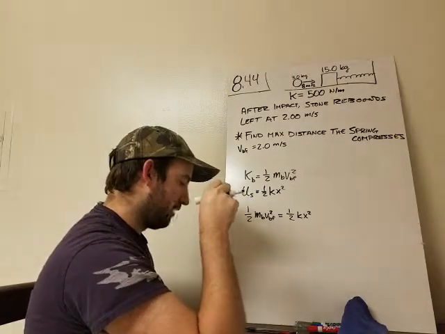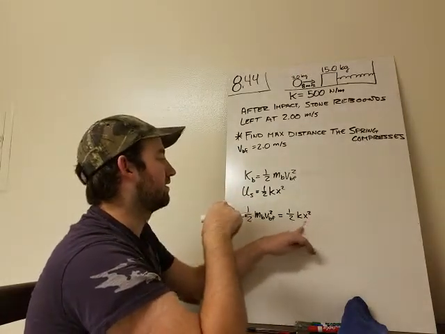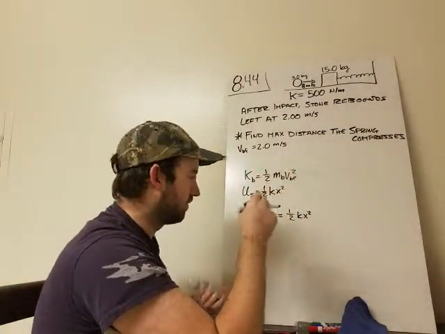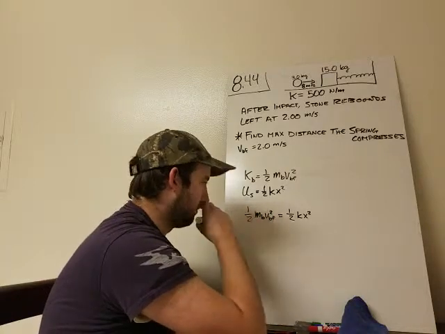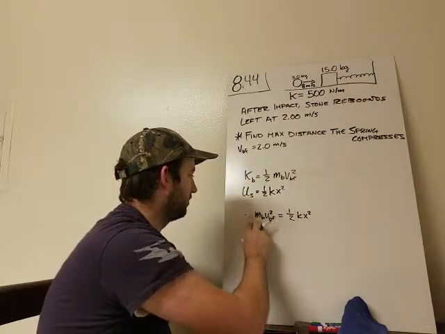And now what we need to do is solve for x, because that's going to be the displacement of the spring. When we do that, first of all, we can cancel out these halves, which is nice.